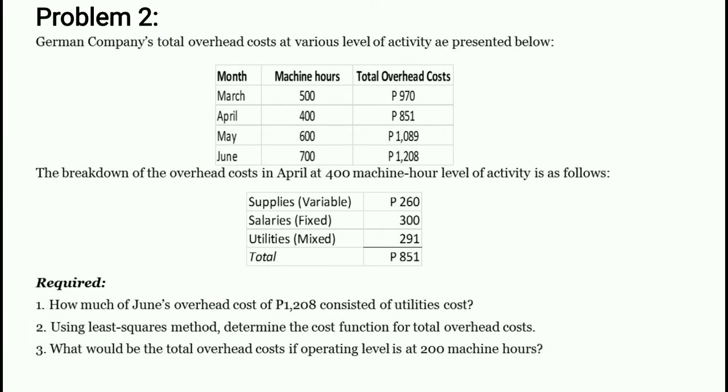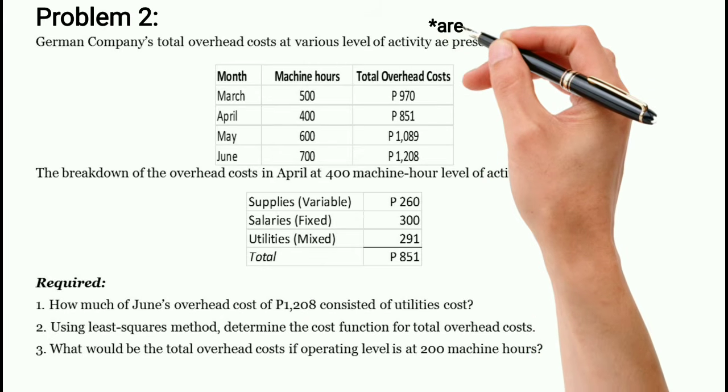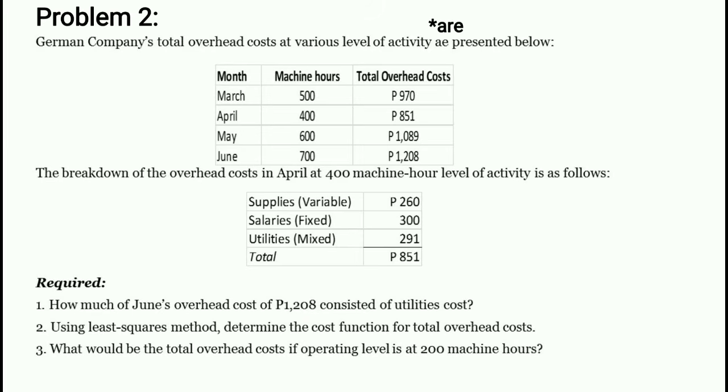German companies' total overhead costs at various levels of activity are presented below. For the month of March, the machine hours are 500 and the total overhead costs amount to 970 pesos. For the month of April, the machine hours are 400 and the total overhead costs amount to 851 pesos.